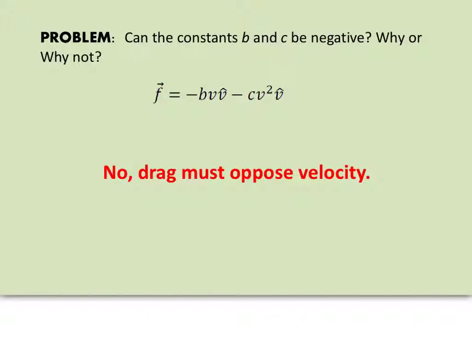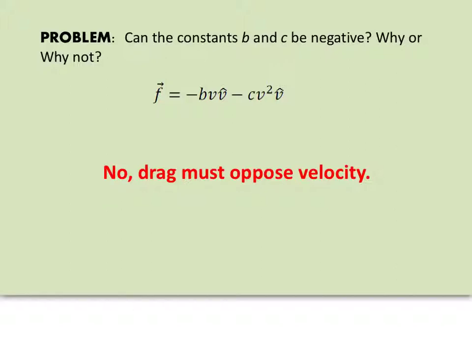No, these constants can't be negative. The original constants a1 and a2 could be negative, but these ones, b and c, are defined to be positive. That way the drag force always points in the direction opposite of the velocity.